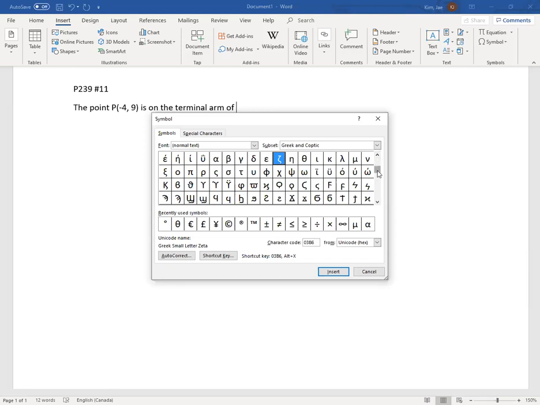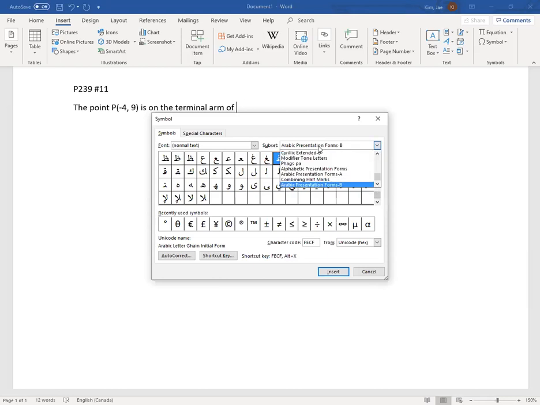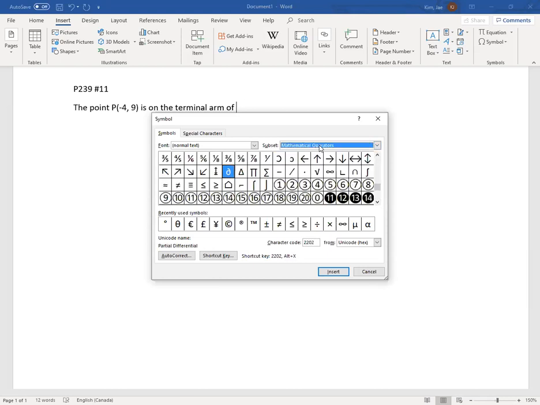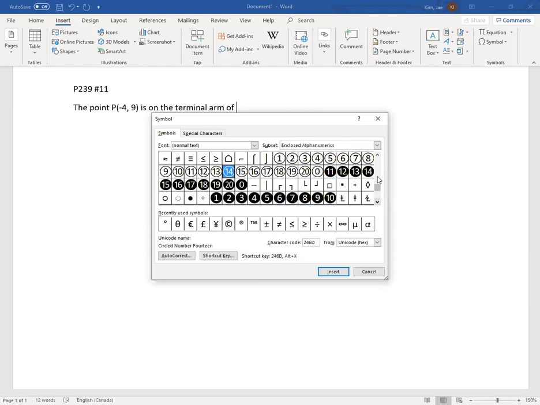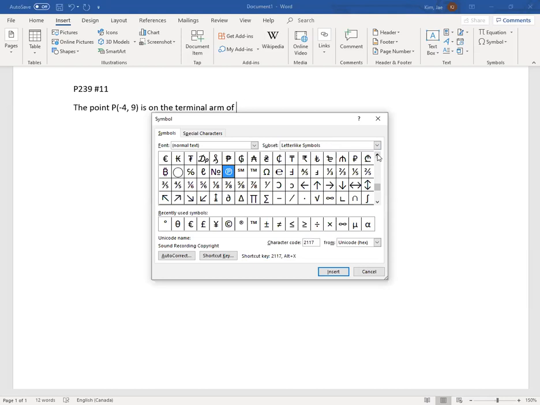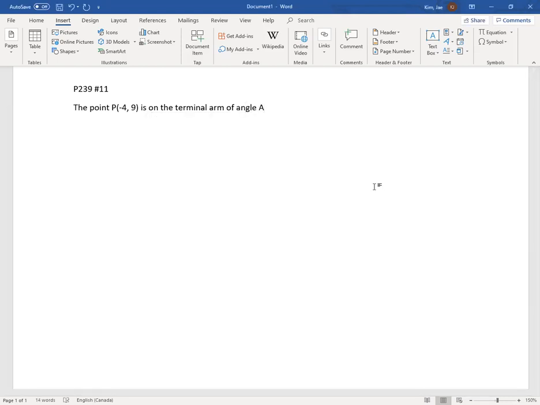Is there a part for math? Oh, there it is. Is there an angle symbol that you see? Angle A. Okay.